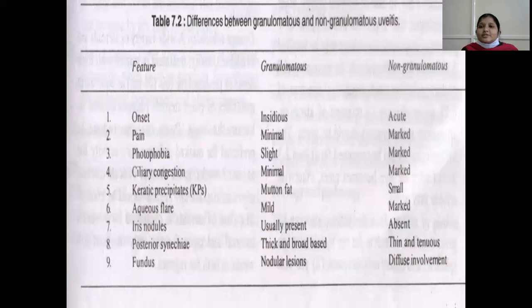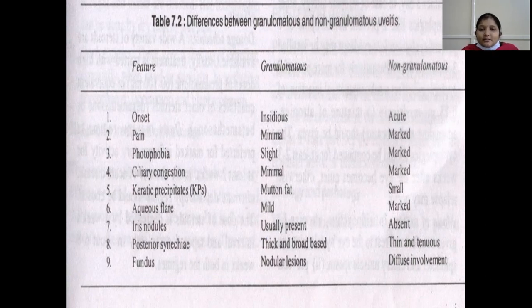So what are the differences between granulomatous and non-granulomatous uveitis? The onset in granulomatous is insidious, so it is a chronic disorder, and in non-granulomatous it is acute onset. Coming to pain, it is minimal in granulomatous, marked in non-granulomatous. Photophobia is slight in granulomatous and marked in non-granulomatous.